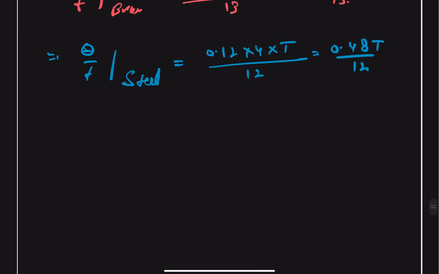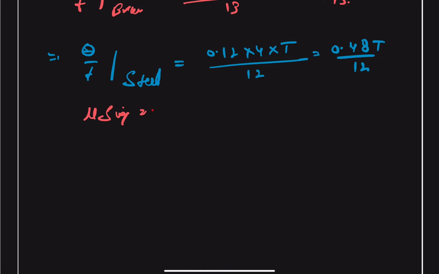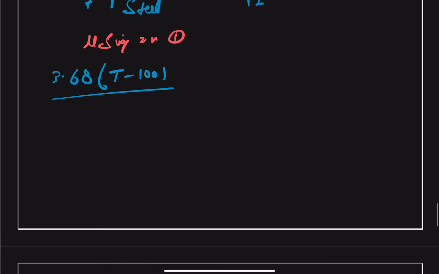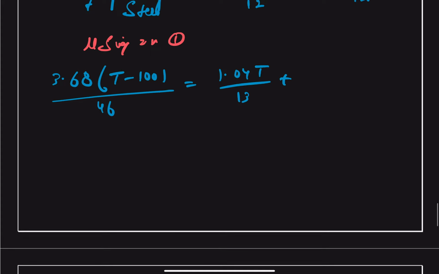So using equation 1, we get 3.68 times (T minus 100) divided by 46, which will be equal to 1.04 T divided by 13 plus 0.48 T divided by 12.